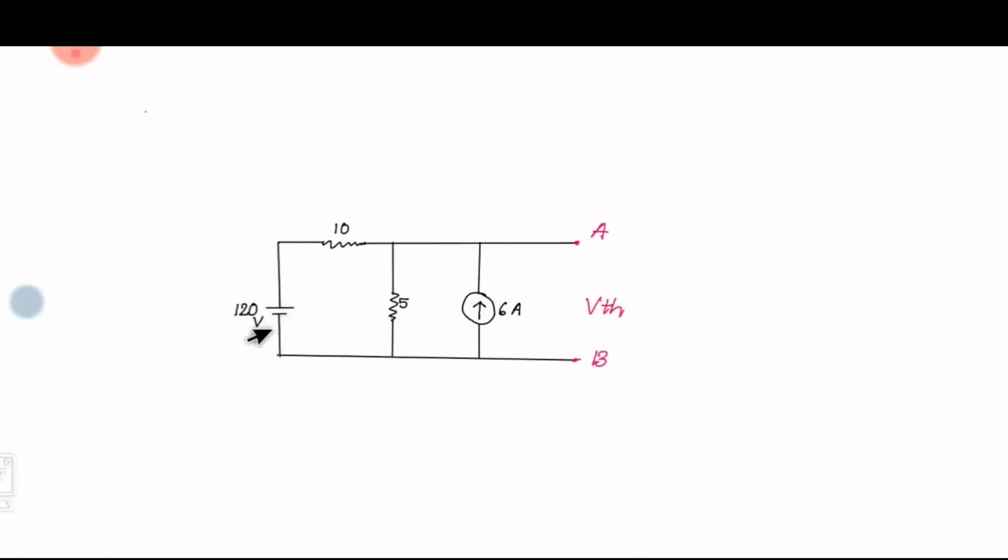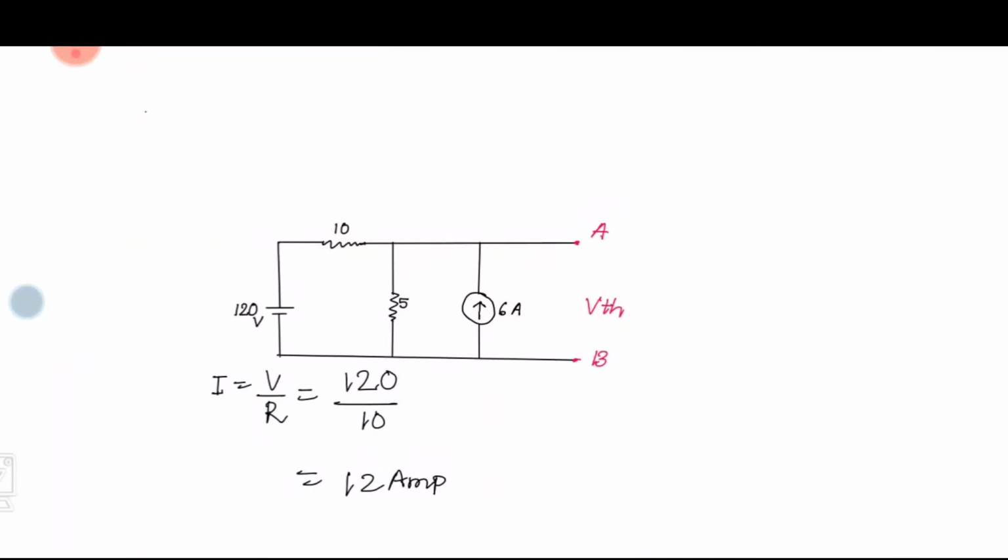For this conversion, suppose the value of the current source is I. So I would be V by R. Here V is 120 and R is 10, so I would be 12 ampere. So we will convert this voltage source into a current source with value 12 ampere.